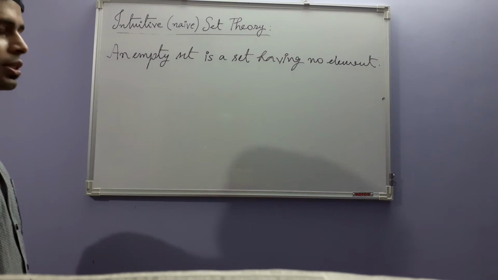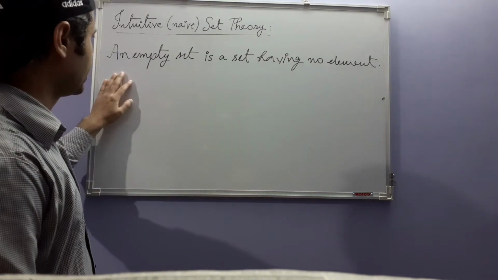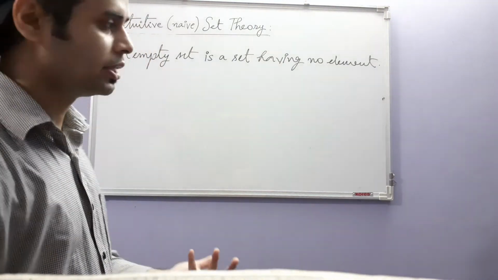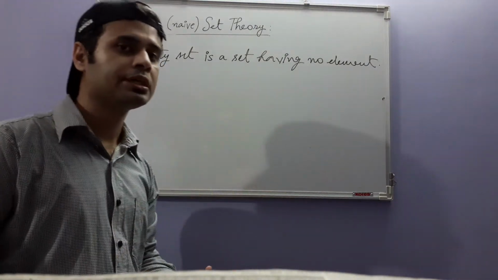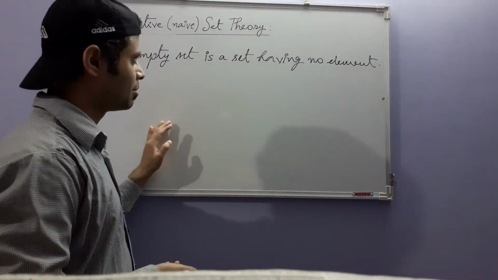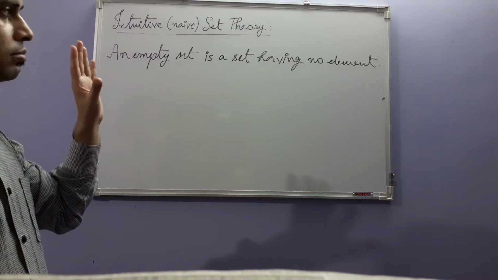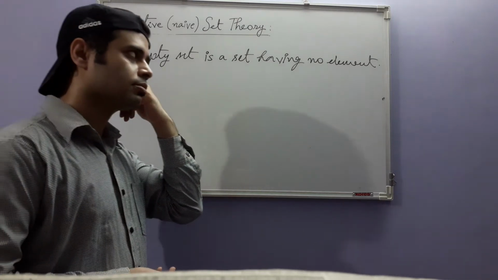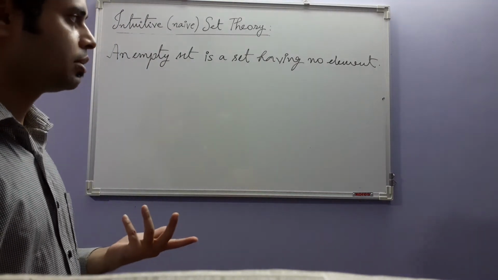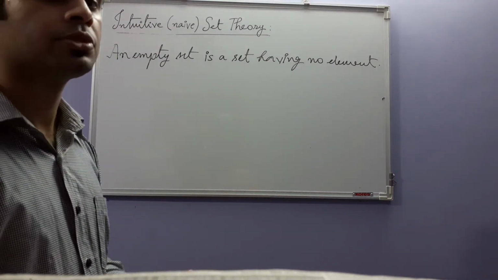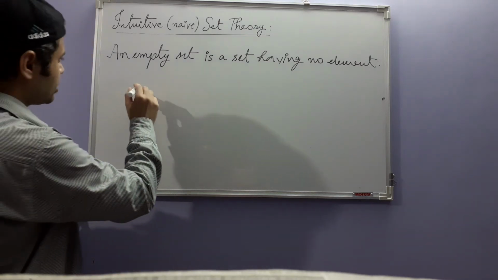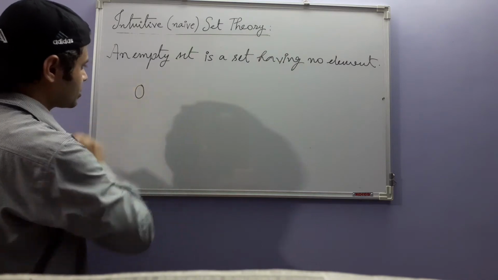Now this may sound somewhat strange to you, since we are considering a set as a collection of objects. If there is no element to consider, why are we calling such a thing a set? But this is considered as a matter of convenience, much like how vacuously true statements are considered in mathematics. It also is somewhat similar to the concept of zero.